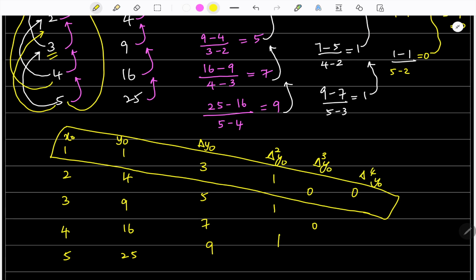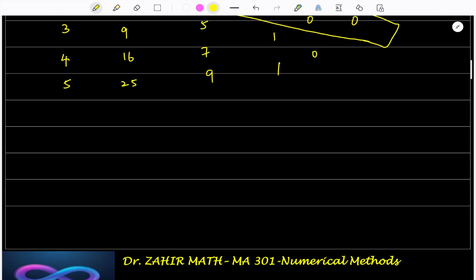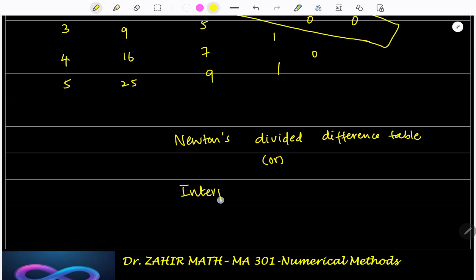So this is the method we are going to use to create what is called the interpolation table with unequal intervals, or the other name is Newton's divided difference table. Still I didn't use the formula.